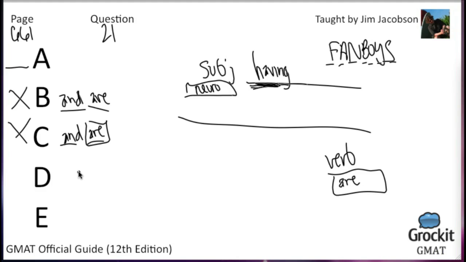D, neuroscientists have amassed a wealth of knowledge over the past 20 years about the brain and its development from birth to adulthood, now drawing solid conclusions about how the human... Well, so there we're also missing a verb again. In fact, we don't have a main verb at all. We have neuroscientists amassing, we have neuroscientists have amassed. No, so we do actually have a main verb. I'm sorry, I was looking up at choice C.